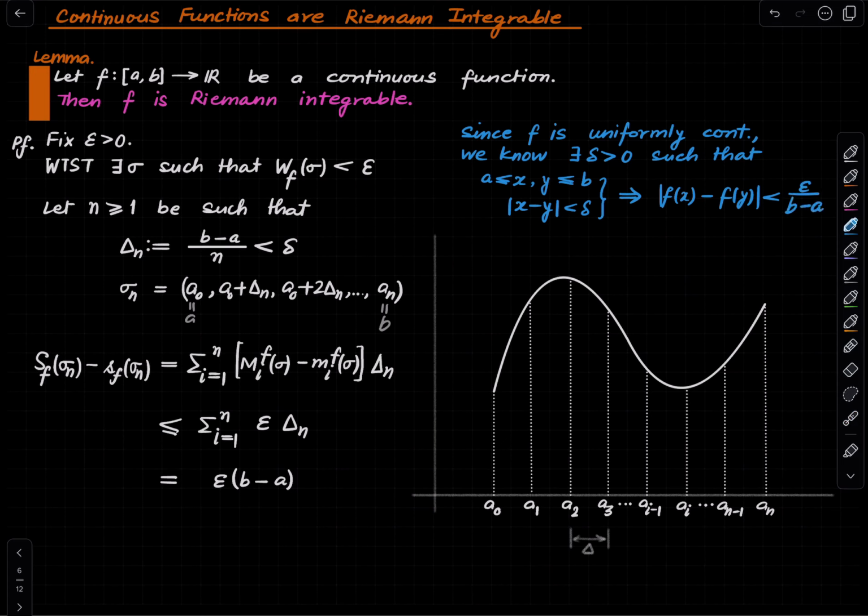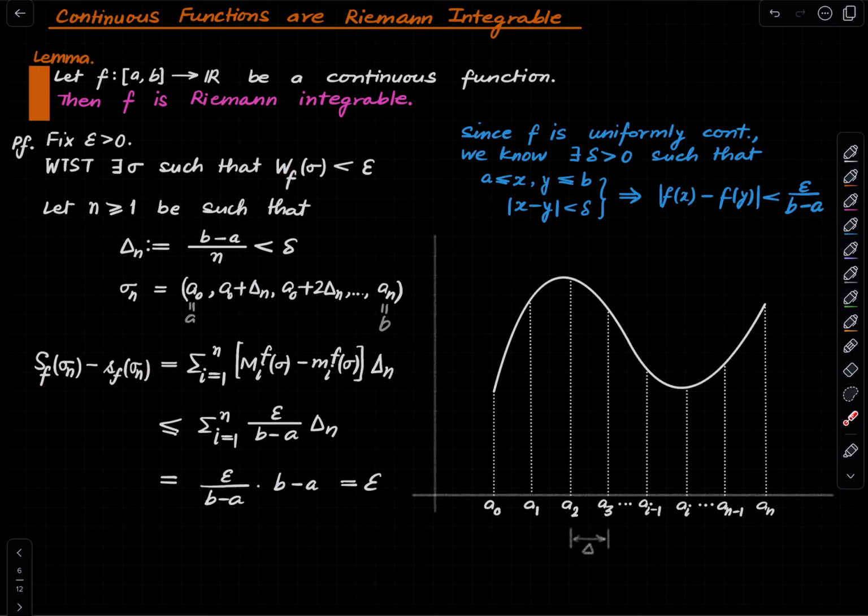I'll just exploit the uniform continuity again, and instead of writing epsilon, now I can write epsilon upon b minus a. It's just a cosmetic difference from the previous one. And therefore, I get epsilon upon b minus a times b minus a, which is epsilon. Wonderful. So this difference is less than epsilon, and that is what we wanted to show.